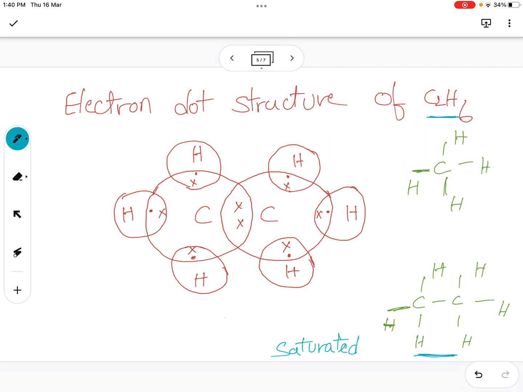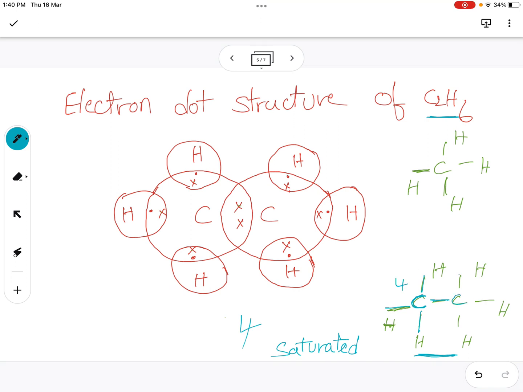How is it represented in an electron dot structure? See here. We know carbon valency is 4, so it should form 4 bonds with other atoms. See here, this carbon forms 1, 2, 3, 4 bonds: 3 bonds with 3 hydrogens and 1 bond with another carbon atom. 4 bonds total.